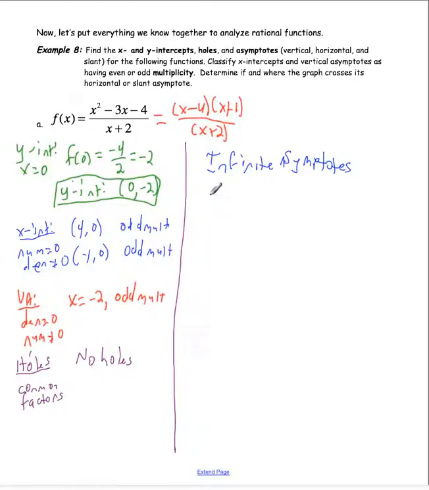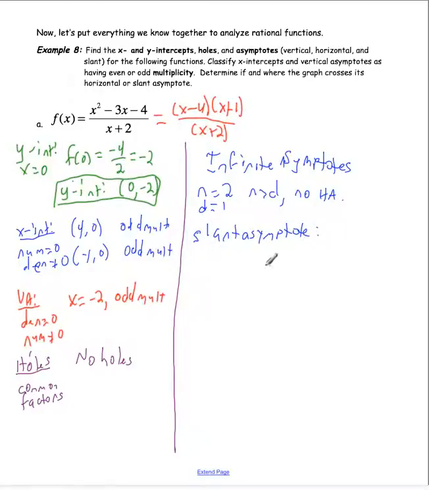In this case, the degree of the numerator is equal to 2, because we have a quadratic function here, and the degree of the denominator is equal to 1. Since the degree of the numerator is greater than the degree of the denominator, we have no horizontal asymptote. But since the degree of the numerator is exactly 1 more than the degree of the denominator, we will have a slant asymptote for this function.